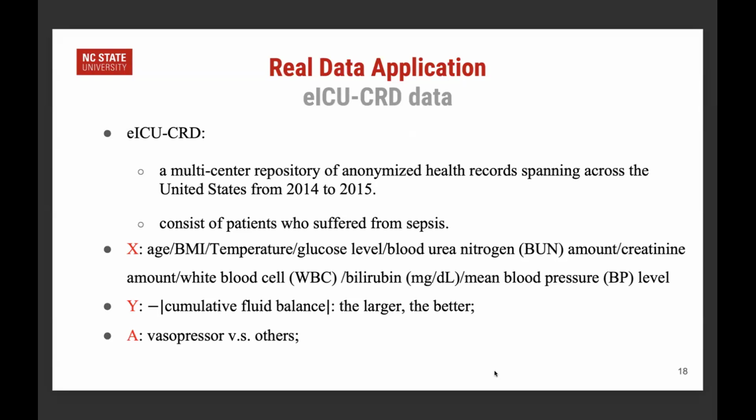Our outcome is the negative absolute value of the cumulative fluid balance, because extreme values of the cumulative fluid balance could be a problem. The larger the outcome is, the better. Our treatment is whether to use vasopressor versus others.